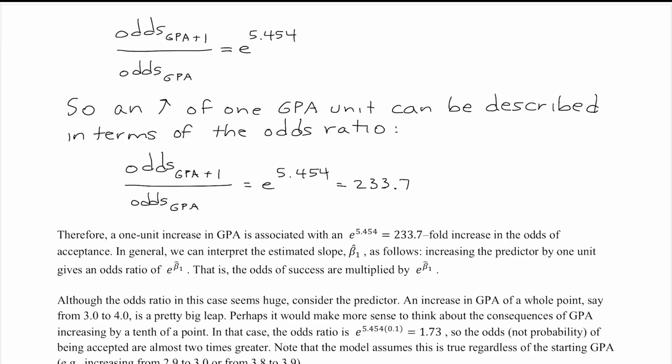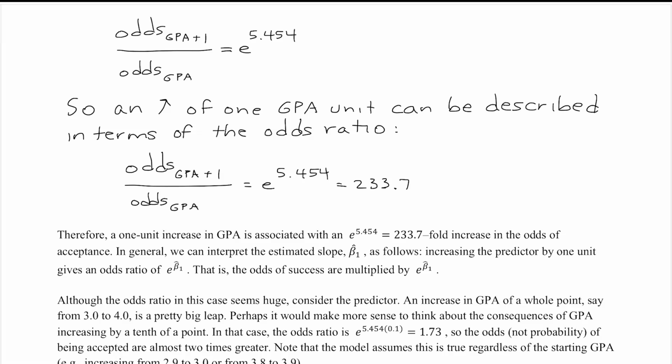Maybe what would make more sense is to think about, what if I increase my GPA not by a whole unit, but by a tenth? And in that case, we can figure out the odds ratio by raising e to the 5.454 times 0.1, and we get 1.73. So if we could increase our GPA by a tenth of a point, our odds of being accepted would be almost 2 times greater.